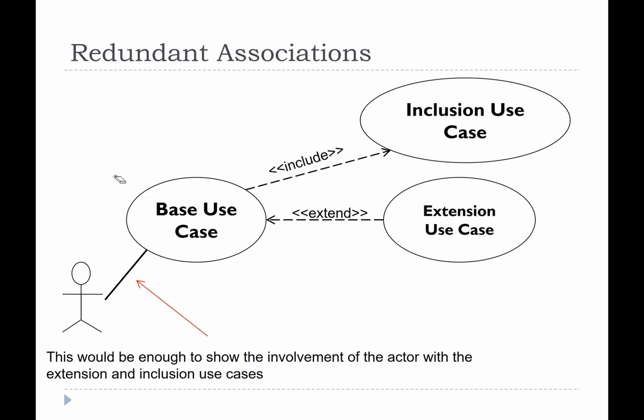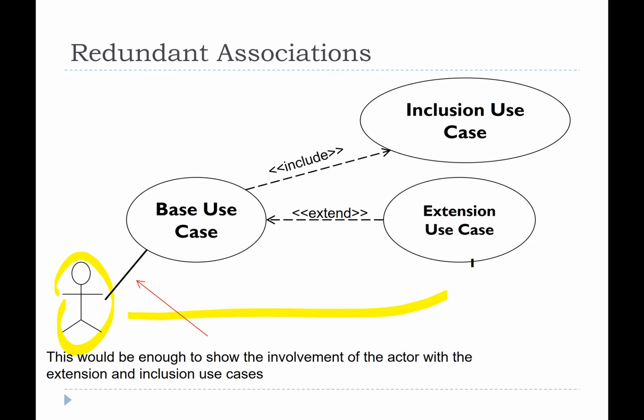Again, for redundant associations, if I have an association with the base use case that's being extended by an extension use case over here, this actor is getting that extension when it does happen. Not every time, when it does happen.